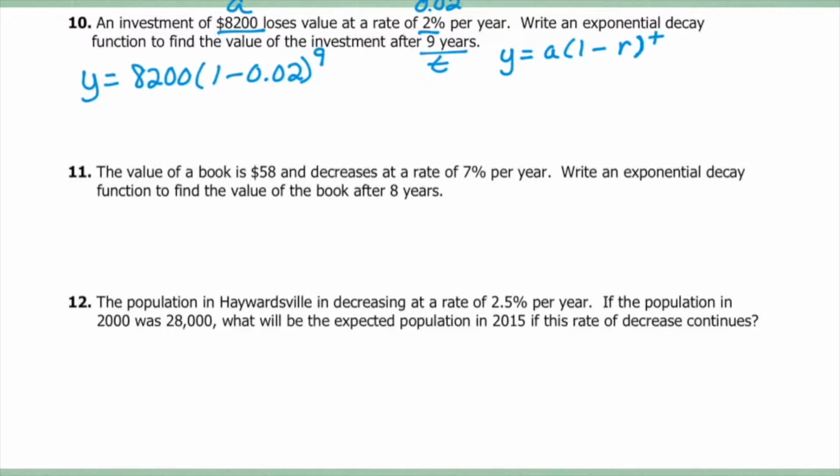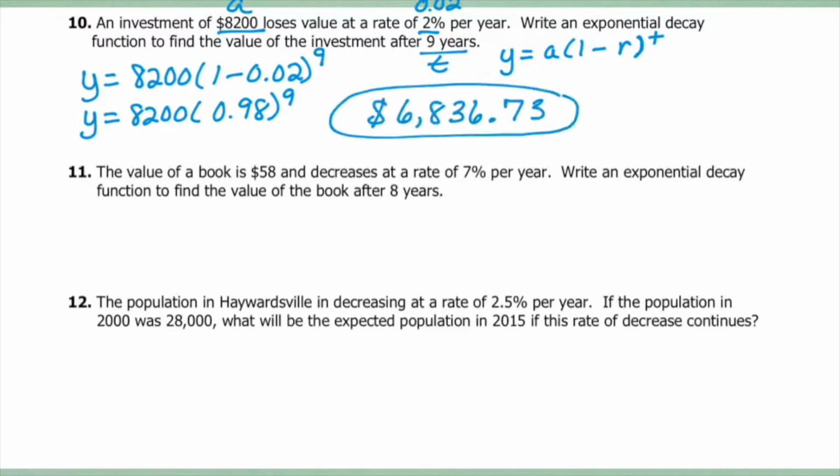So we plug that in where it goes. 8,200 is where a is, and 0.02 is r, and t is 9. Subtract 1 minus 0.02, and you get 0.98. Raise that 0.98 to the 9th power, hit equals, times it by 8,200, and you get approximately $6,836.73. The investment will be that much after 9 years.